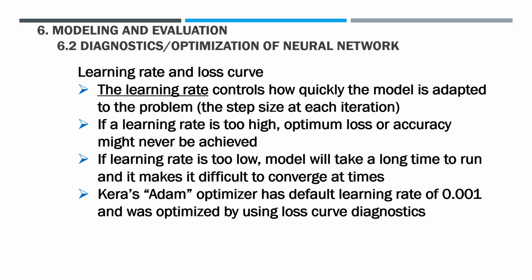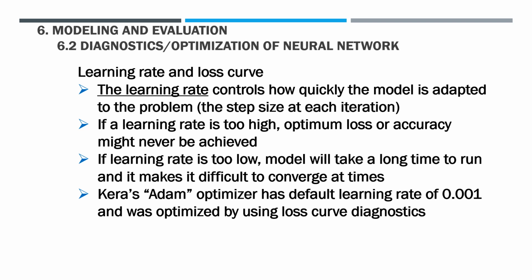The learning rate is actually the step size that the model takes at each iteration for reducing the loss function, or it controls how quickly the model is adapted to the problem. If the learning rate is too low, then it might take a long time for the model to run, and sometimes it makes it difficult for the model to converge or to reduce the loss function.